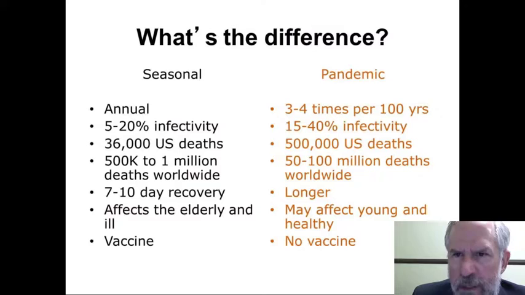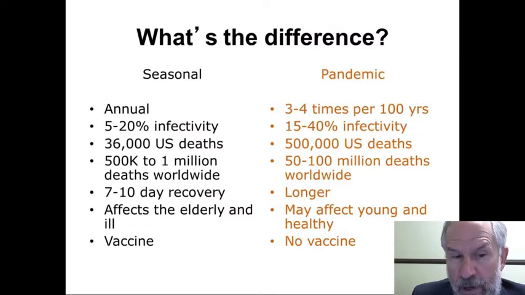There's also a vaccine which we would have readily available in almost all cases to prevent seasonal flu. Pandemic strains, on the other hand, occur as major outbreaks 3 to 4 times every 100 years, so roughly every 25 years, something like that, every 30 years. The infectivity rates are much higher, 15 to 40%, because instead of 36,000, upwards of 500,000 or more U.S. deaths, and perhaps 50 million or more deaths worldwide.